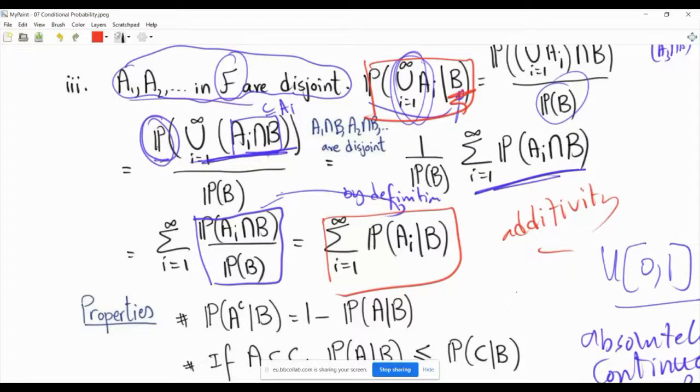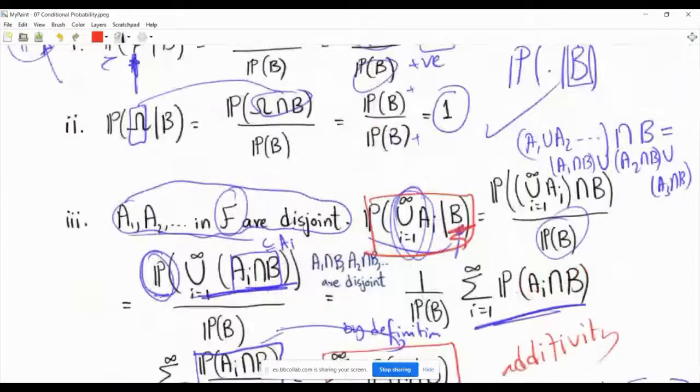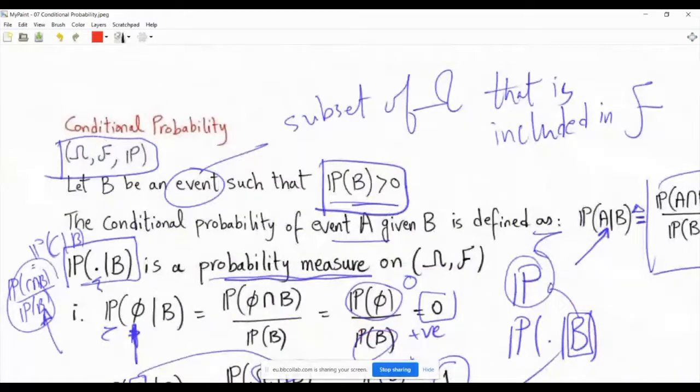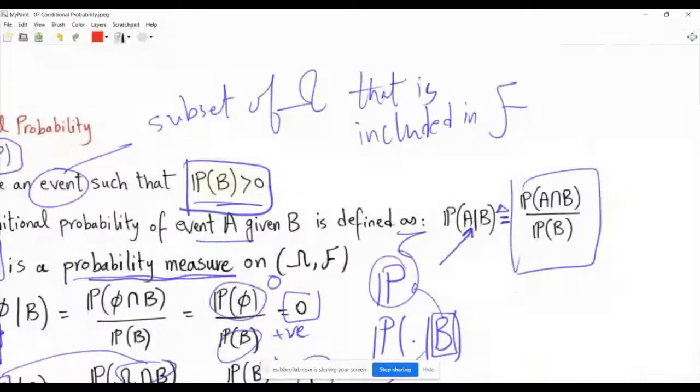And so we have now satisfied the three properties of a probability measure. So conditional probability is a new probability measure that you can construct from an already existing probability measure by applying this formula.